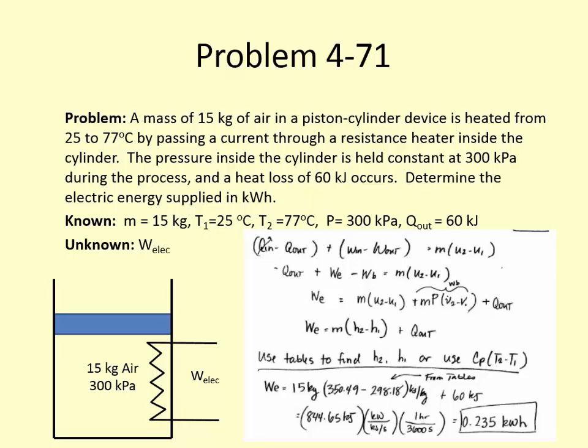And it's often useful to have electrical work in terms of kilowatt hours. So if we divide by 3,600 seconds in an hour, and a kilowatt is a kilojoule per second, then we get 0.235 kilowatt hours. Just because that's sometimes useful.